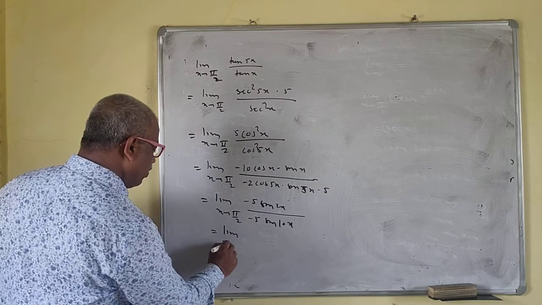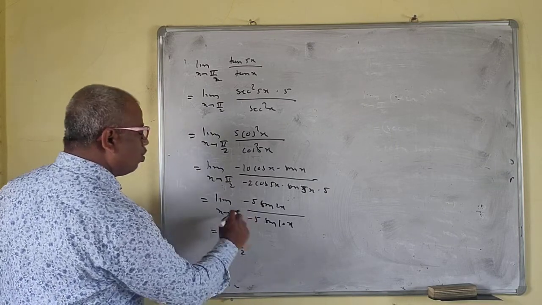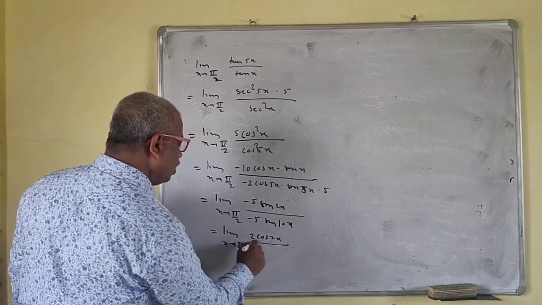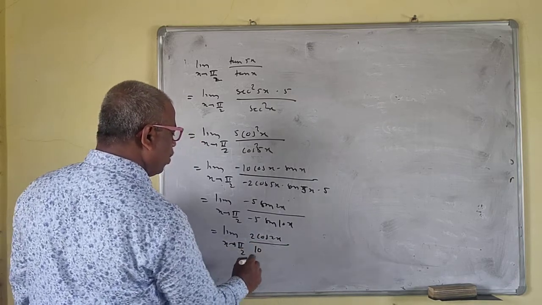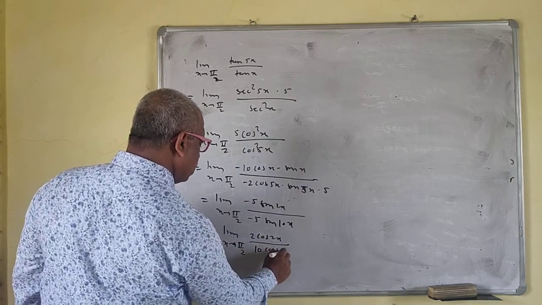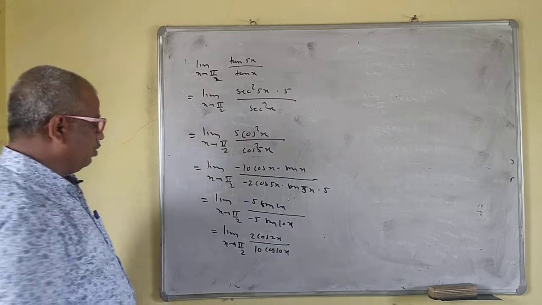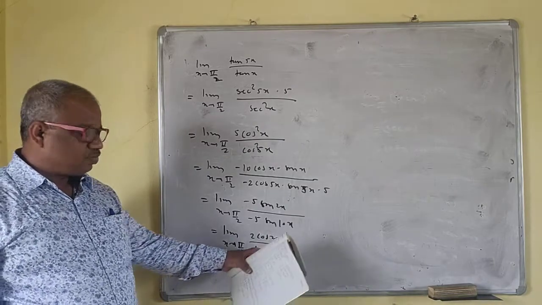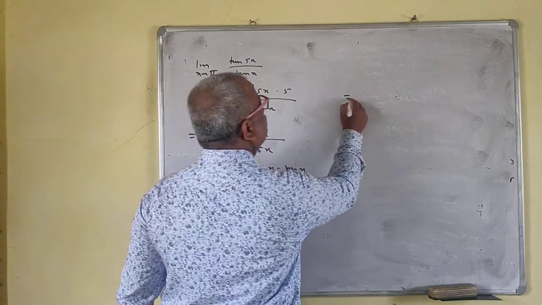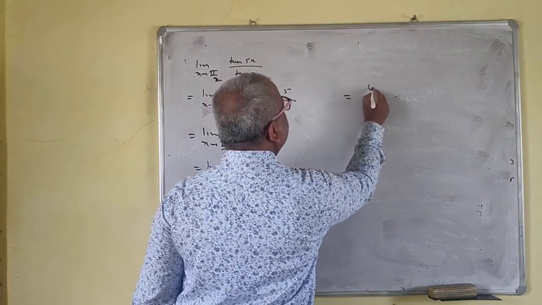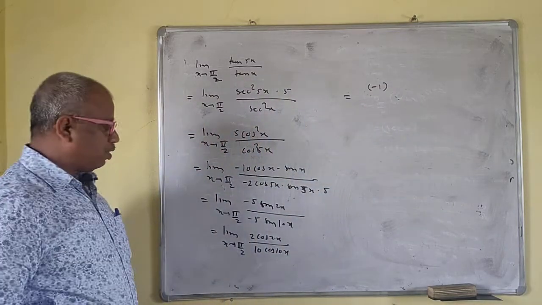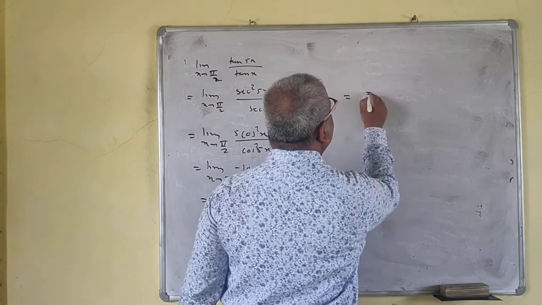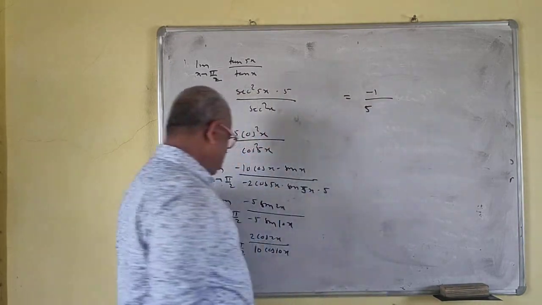So this is limit x tends to pi by 2. We differentiate this: 2 cos 2x upon 10 cos 10x. The minus 5 gets cancelled. Now if you put x equal to pi by 2, cos pi is minus 1, because 2 gets cancelled.